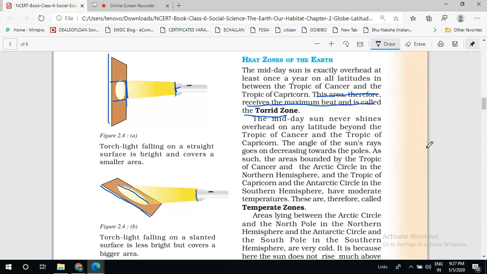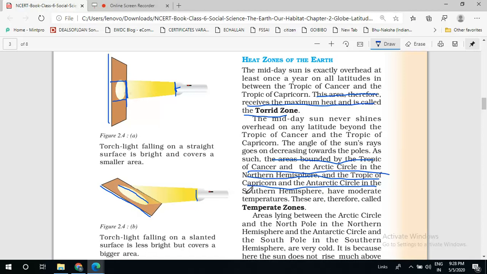Okay, so the areas bounded by the Tropic of Cancer and the Arctic Circle in the northern hemisphere, and the Tropic of Capricorn and Antarctic Circle in the southern hemisphere have moderate temperature, and this is called the temperate zone.